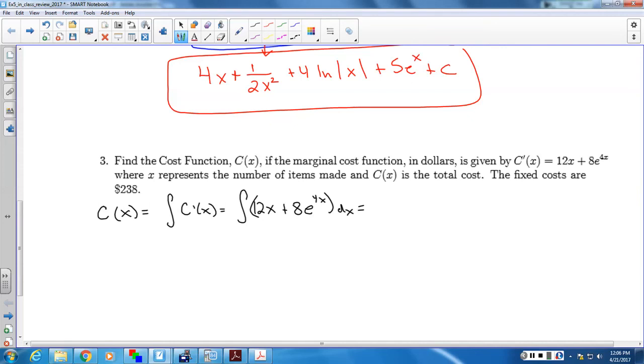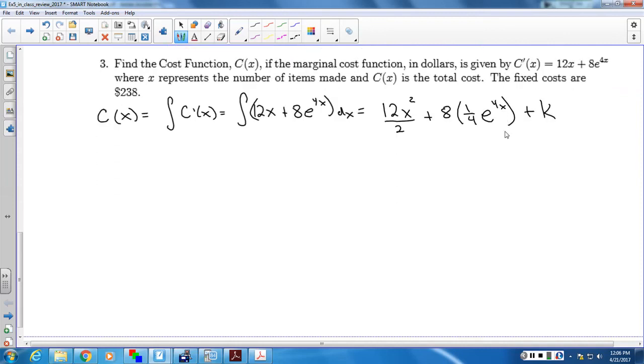So the integral of 12x would become 12x squared divided by 2 plus 8. The integral of e to the 4x would be 1/4 e to the 4x plus our constant. Since we already have a c in this problem, I'm going to use k for our constant.